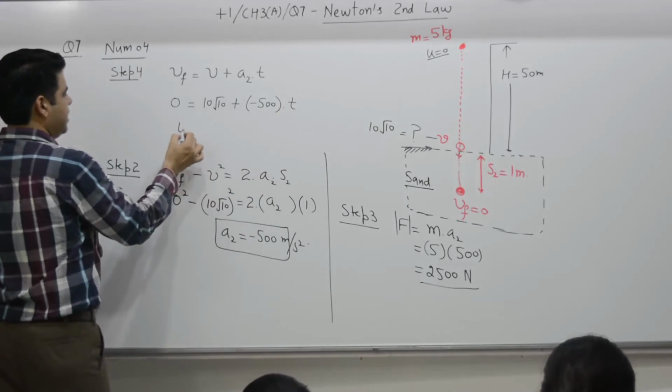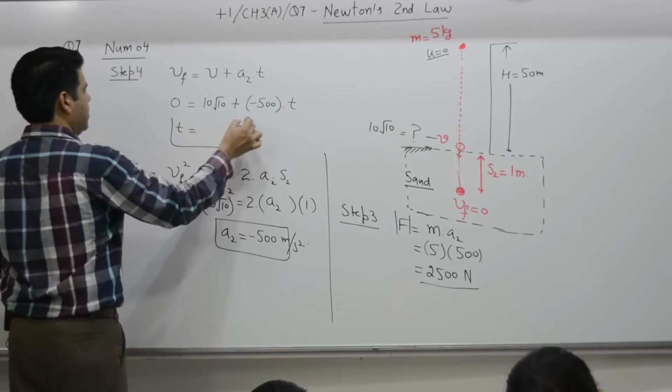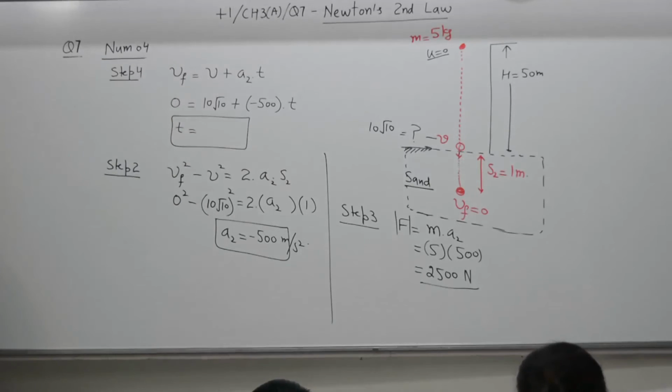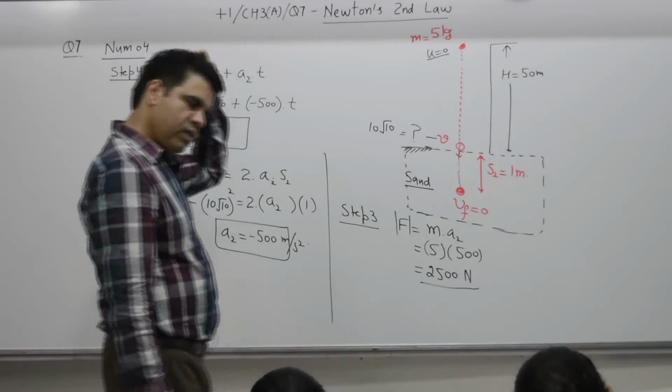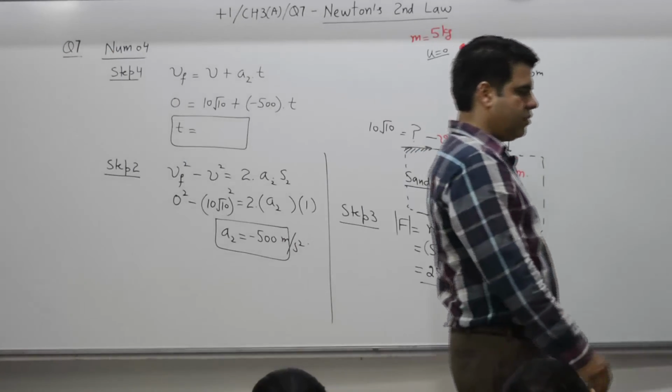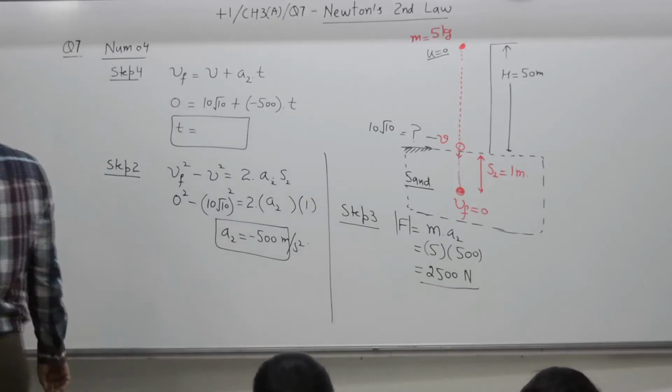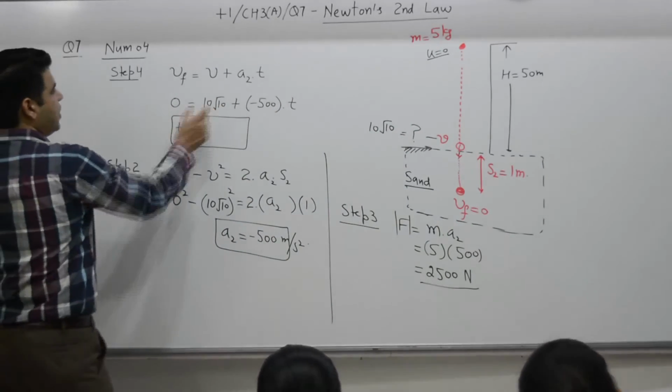Time t is equal to what? 10 root 10 divided by 500. Solve, comes out to what? Calculate, 1 minute for calculation. 10 root 10 is 14.14.